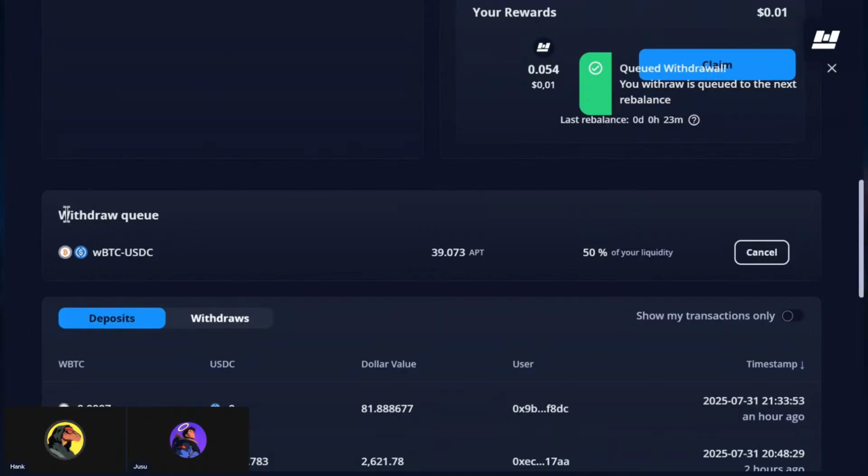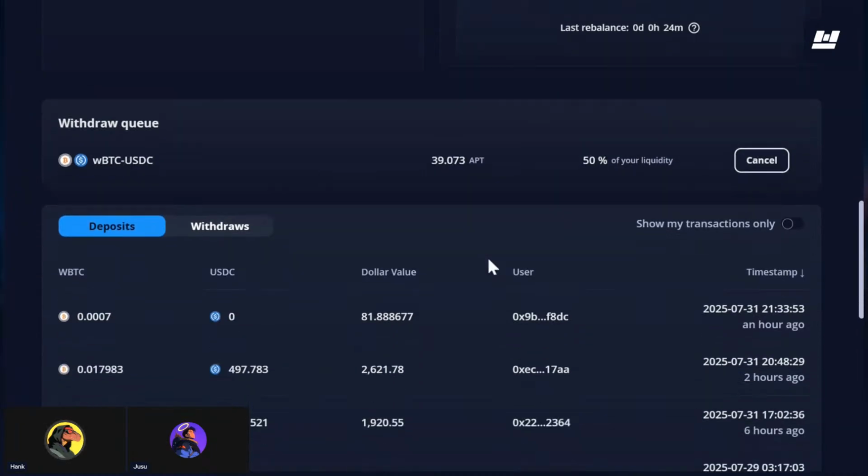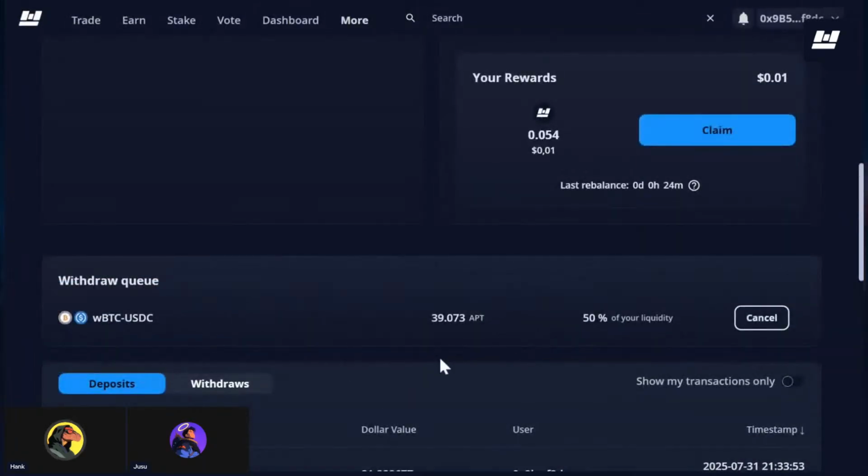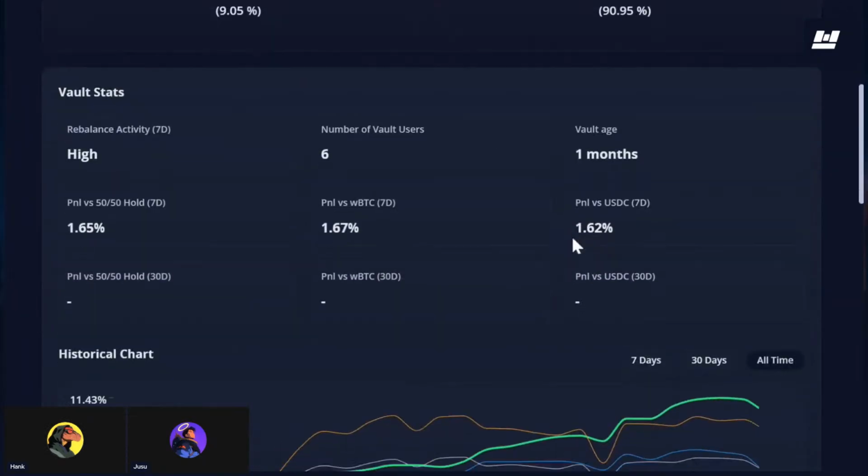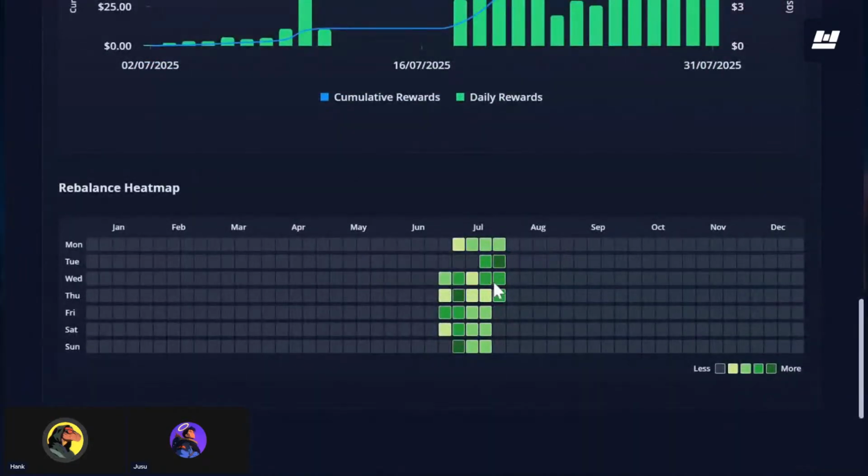So right now you see, okay, I'm in the withdraw queue, Bitcoin USDC, 50% of my liquidity I'm removing. This is the amount of tokens, and I'm in a withdraw queue. I know from the heat map, vault stats, that this vault is rebalancing many times a day, and the maximum amount I will need to wait is 24 hours.